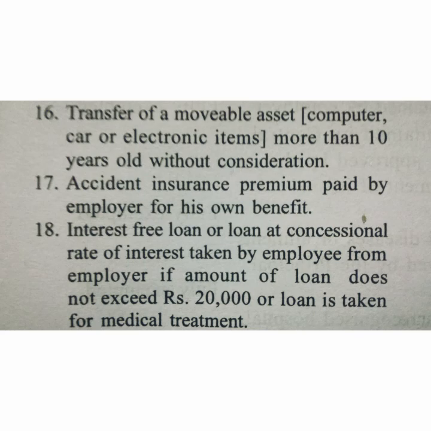Or if he is taking very less interest, a very concessional rate, in that case that interest is not charged, so that becomes a perk, right? So that perk is fully exempted, not taxed. But there's one condition you have to remember, that is 20,000. The loan amount should not be more than 20,000.